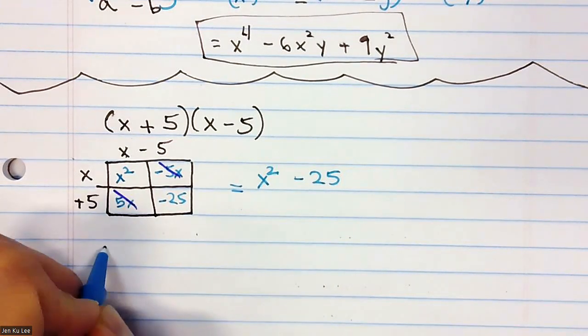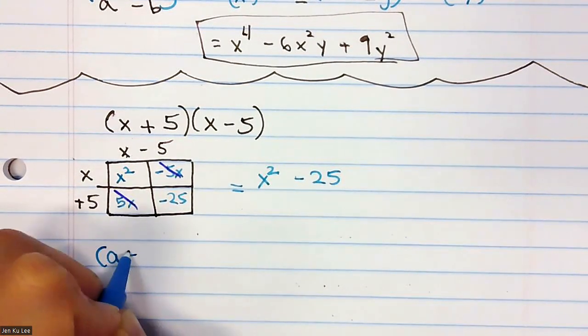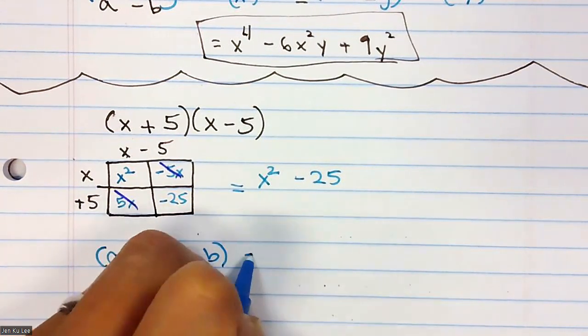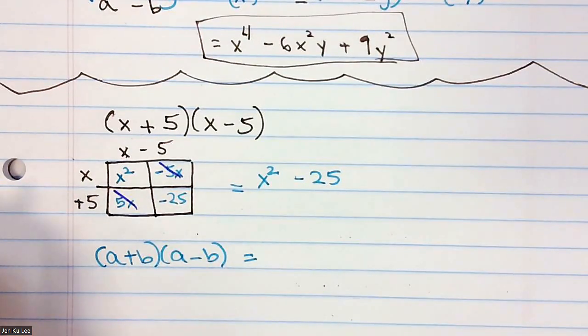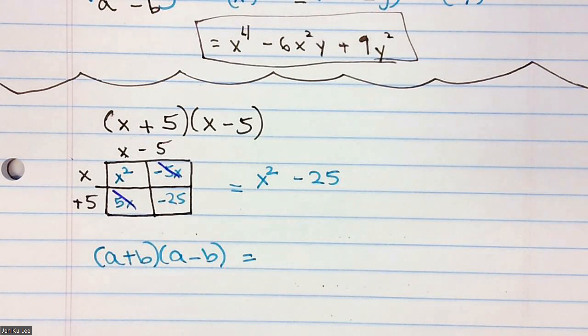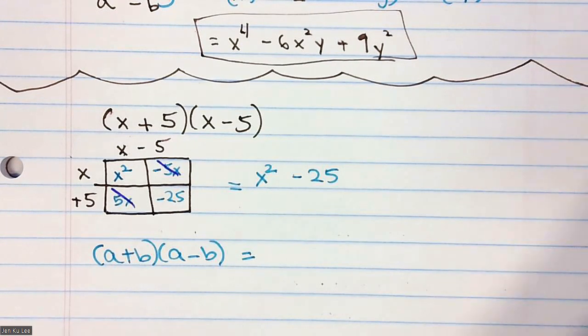So let's think about this in generic form. What if I gave you a plus b times a minus b? What would that be?